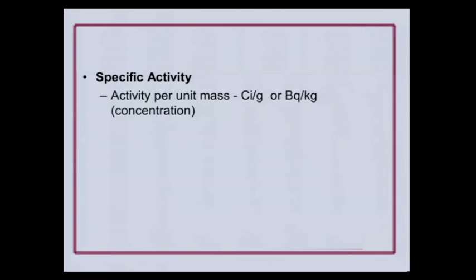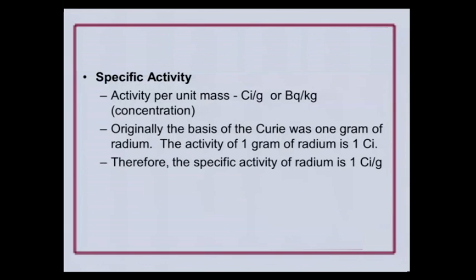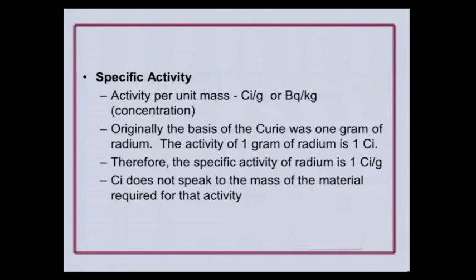Really, it's a concentration, how much of that isotope is in the sample or the piece that I'm talking about. The basis was originally done on radium, 1 gram of radium. The activity of 1 gram of radium is 1 curie. That's the standard that was developed. So the specific activity of radium is 1 curie per gram.